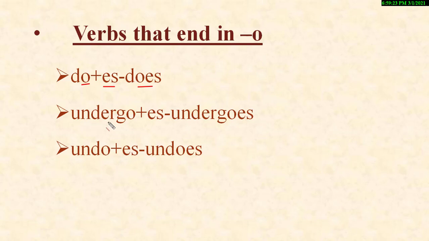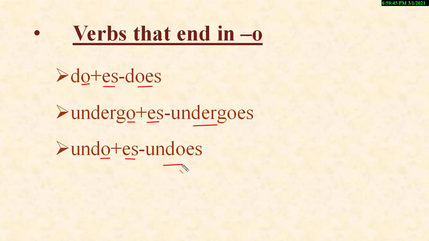The next verb here is undergo. Undergo ends in o. So we should add es. It becomes undergoes. The next verb here is undo. We can see that undo ends in o. So we should add es with the verb. It becomes undoes.